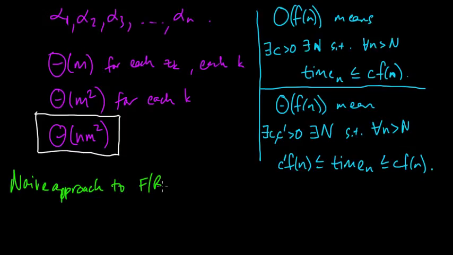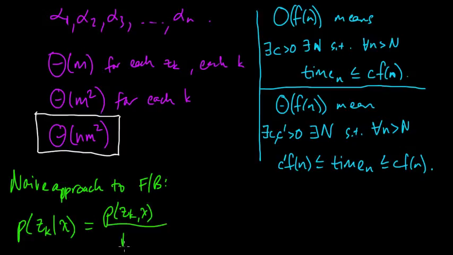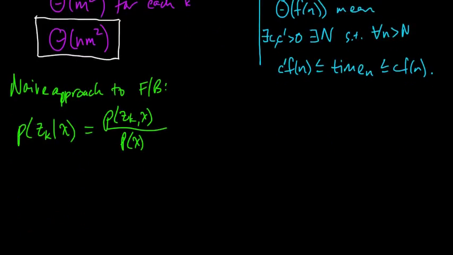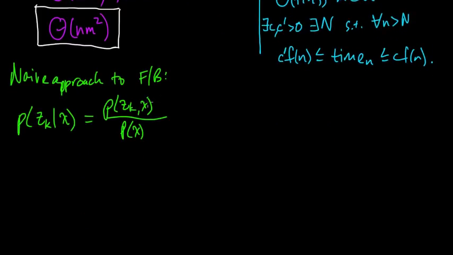The naive approach to computing the same thing as the forward-backward algorithm: we wanted to get the conditional distribution on zk, given all the x's. That's just the probability of zk and x divided by the probability of x. Under our assumptions, when we defined the hidden Markov model, we know what the joint distribution is. So say we wanted to compute the first one, the probability of zk and x.